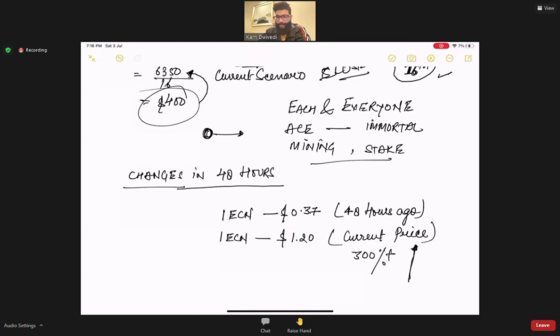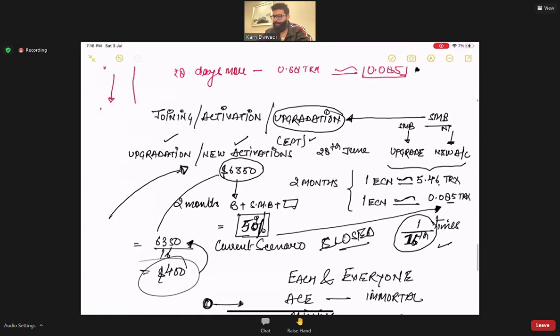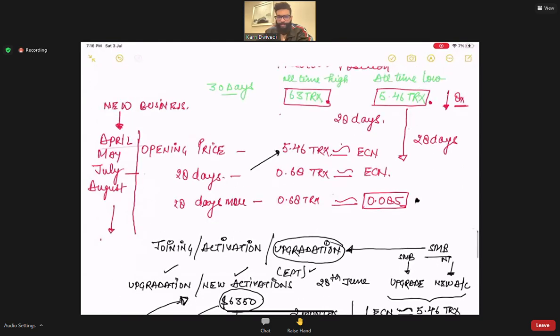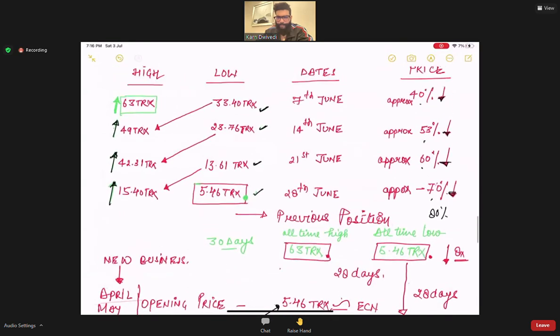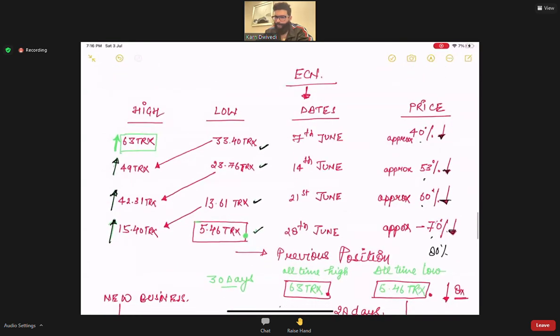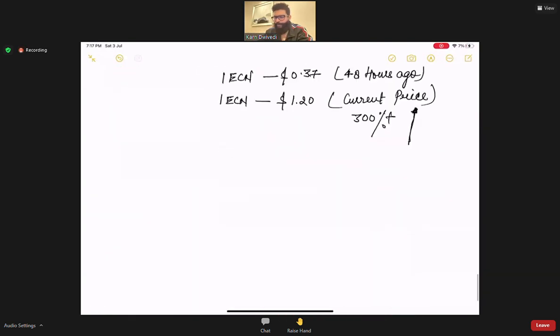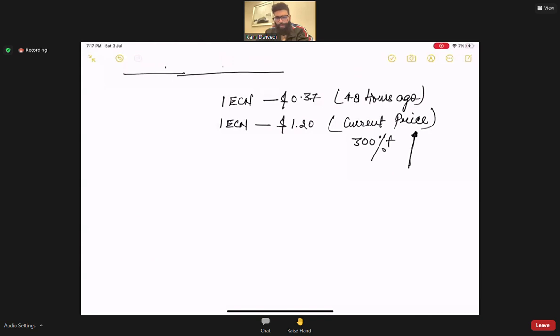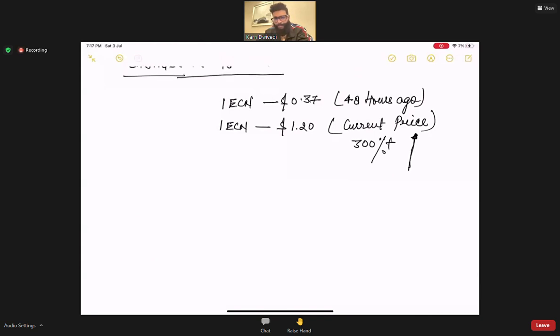It never went up in this chart. Never went up. All you can see, all the arrows are downwards. And in just 48 hours, you are at $1.20, 300 plus percent over your last price.